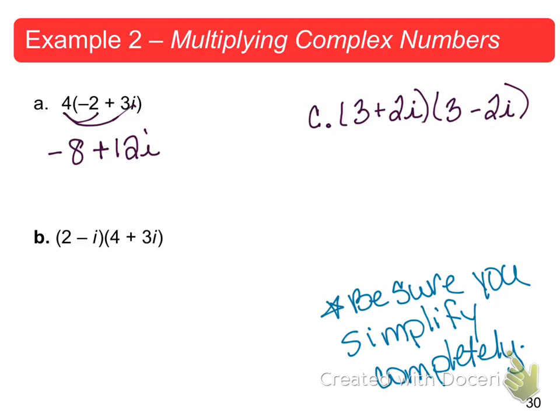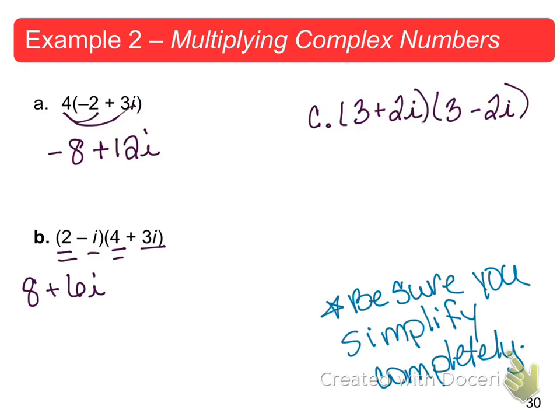Part B, that's where we end up having trouble. This is a binomial times a binomial, so I am going to multiply these together using the FOIL method. So I have 2 times 4, which is 8. 2 times 3i, which is 6i.